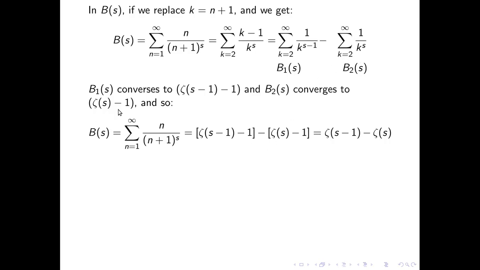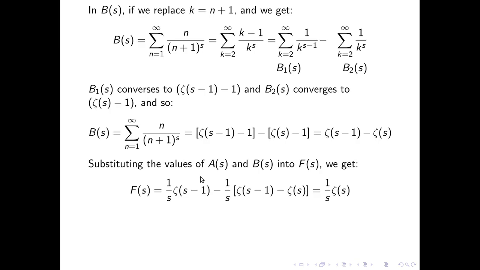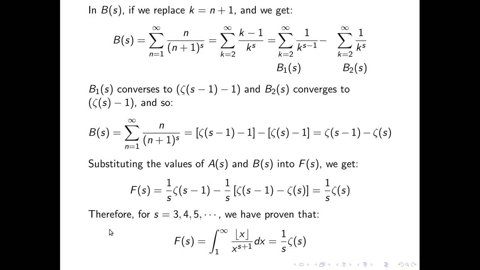That's why we have zeta of s minus 1. So plugging in these two values into b, we get this. b of s is zeta of s minus 1 minus zeta of s. When we substitute the values of a of s and b of s into f of s, we get the desired result. Thus, we have proven that f of s equals zeta of s over s.